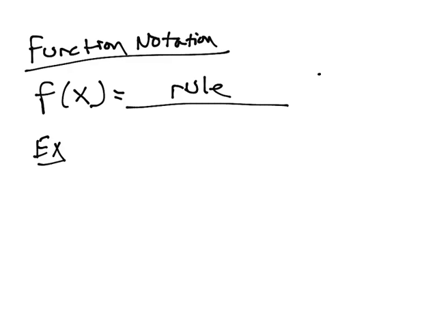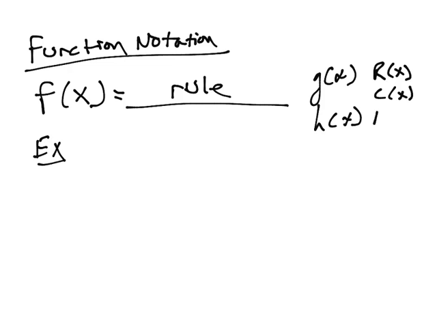But you'll see g of x, you'll see h of x, because f, g, and h are all in the alphabet. If we were talking a business math class, we'd see r of x, c, revenue, cost, profit. We typically use x for the input variable, but that doesn't have to be. We could use t if we were talking time.